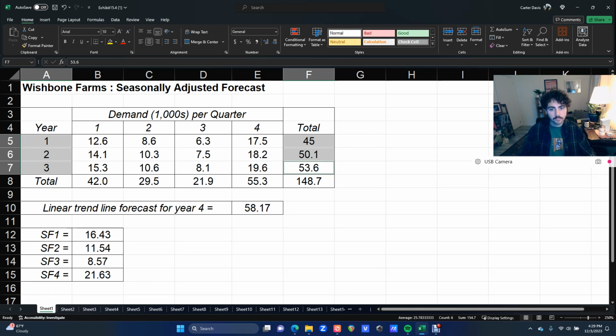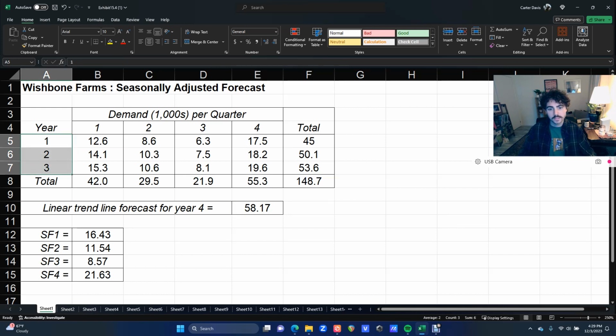Now, if we were to plot these 3 points and create a line of best fit, and then use that relationship between y and x to plug in year 4 for x and see what the y value is, they're saying that y value would be 58.17.